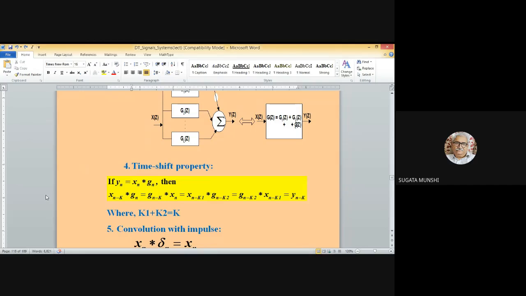Can you point out the result without actually performing the convolution? What will really happen? It will be integration from minus infinity to t. When a signal x(t) is convolved with u(t), it amounts to integrating x(t).